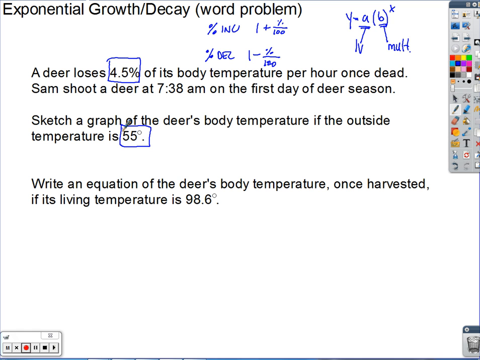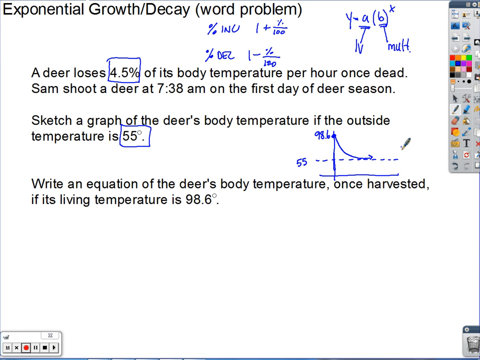So if I were to sketch a graph of that, my graph would need to have a horizontal asymptote at 55 degrees. Okay, and the y-intercept is 98.6, and it follows an exponential function. It never goes below 55 degrees though, because that's the outside temperature on that day.